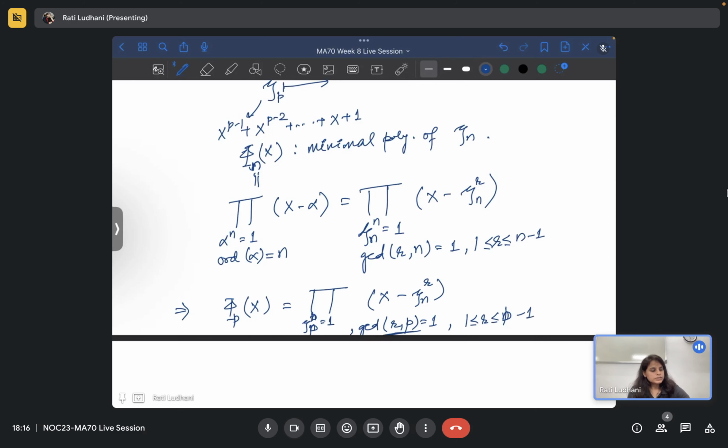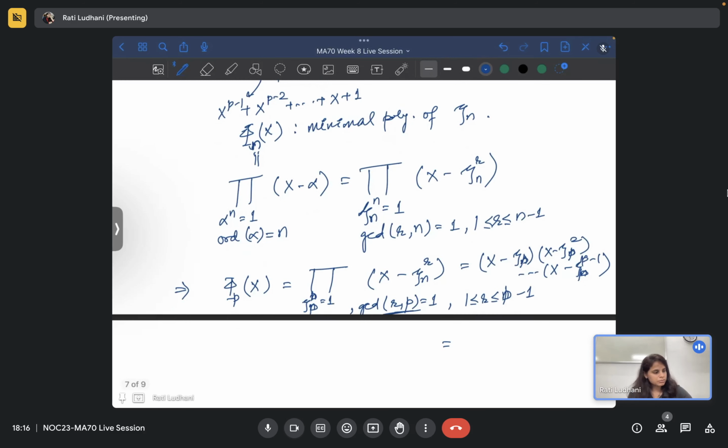If r is between 1 and p minus 1, the GCD with p will always be 1. So we have all the factors zeta, zeta square, up to zeta raised to p minus 1. So this is a normal product. Actually you can write it like x raised to power p.